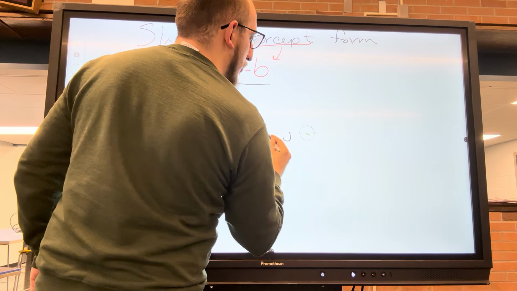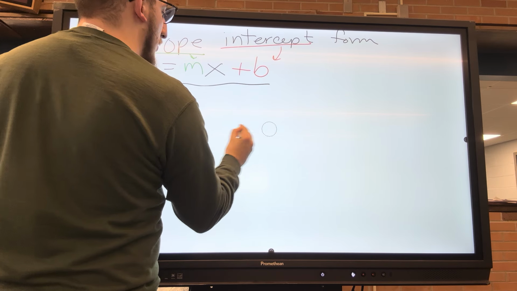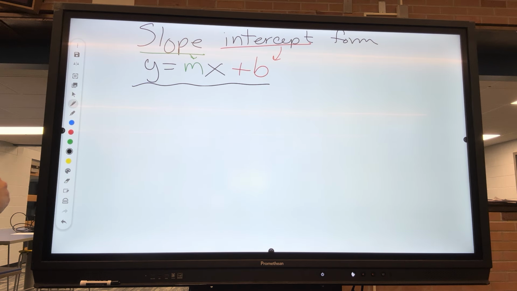So what I want to see from you guys is I'm going to give you 4 equations, and I want you to tell me what the slope is and what the y-intercept is.